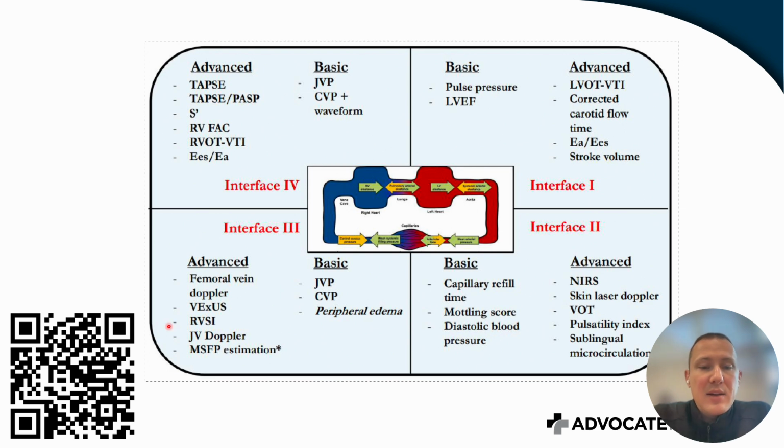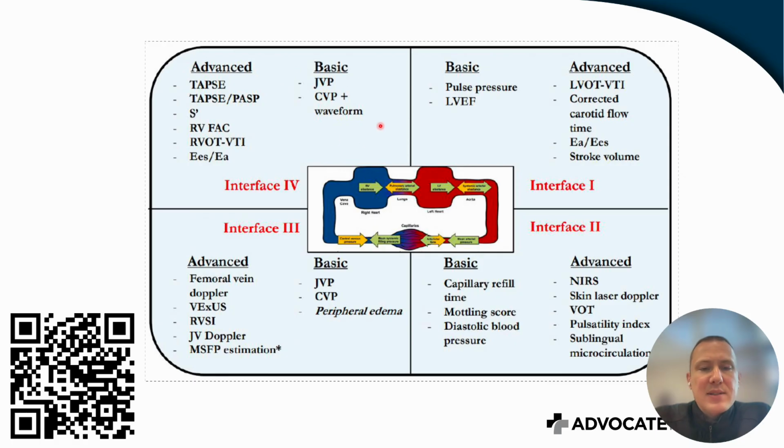One of the advanced modalities that we use at the bedside is venous excess ultrasound, or VEXUS, as well as some other Doppler modalities. And for interface number 4, assessment mainly captures the assessment of the right ventricle at a basic level.